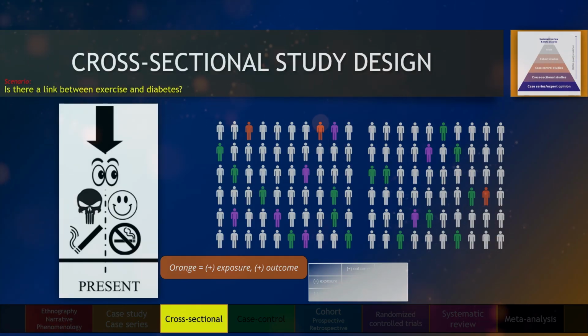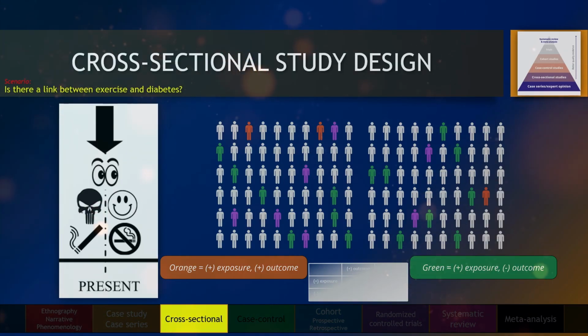In this case, there are 3 of them. The green icons refer to those with the exposure but without the outcome, meaning those who do exercise but who have no diabetes. In this case, there are 15 of them.